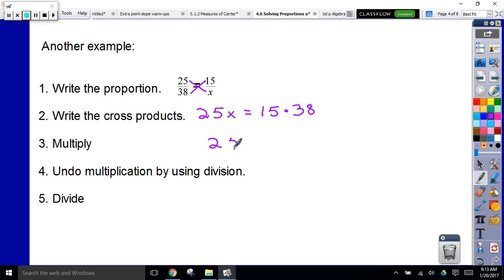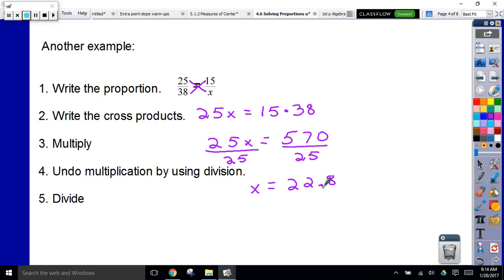So my next step is just 25x equals 15 times 38 is 570. Now I'm going to solve the one-step equation by dividing both sides by 25. And I end up with x equals 570 divided by 25 is 22.8.